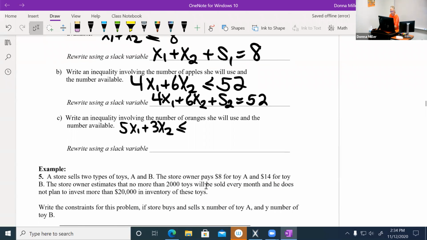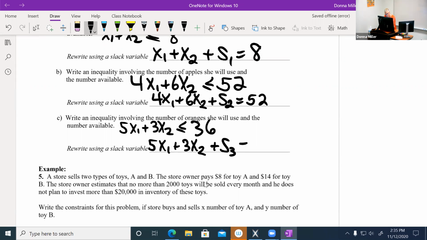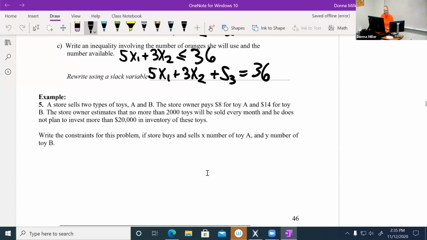To write it as an equation, I'm going to add another slack variable, S3, which represents leftover oranges. So for each different resource you use, you have a slack variable. Sometimes it's 0, you don't have any leftovers. Is that all right?